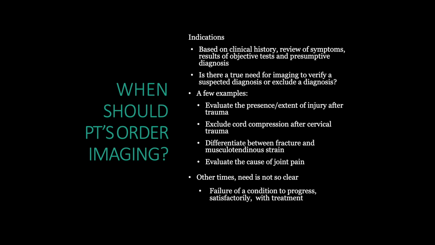So trauma is one. If we have cord compression after cervical trauma, differentiation between fractures and strains, and even causes of joint pain are some examples that we may need to order imaging or suggest imaging for. Other times it's not always clear with some conditions.